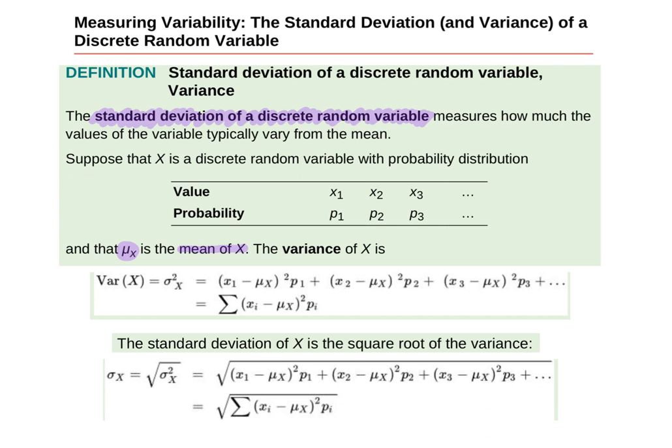So we've talked about shape, we've talked about a measure of center, aka the mean, and now we're going to talk about variance, or standard deviation. Our good friend standard deviation is back. The standard deviation of a discrete random variable measures how much the values of the variable, that capital X, typically vary from the mean.